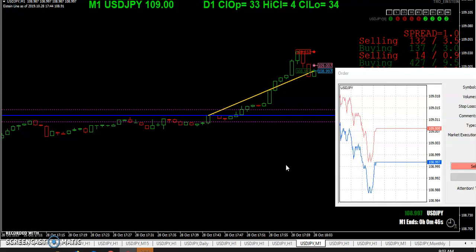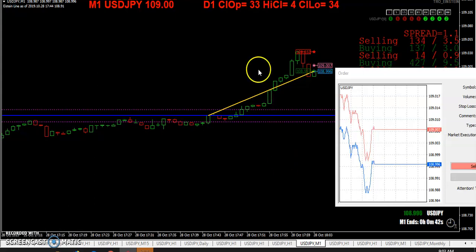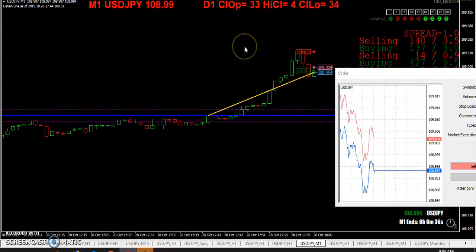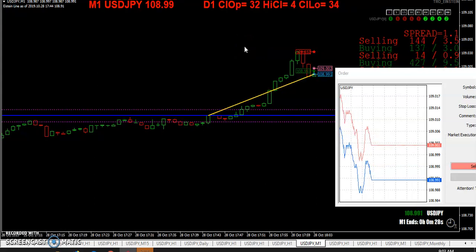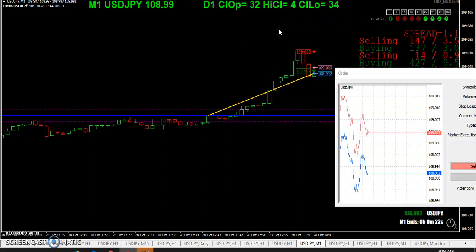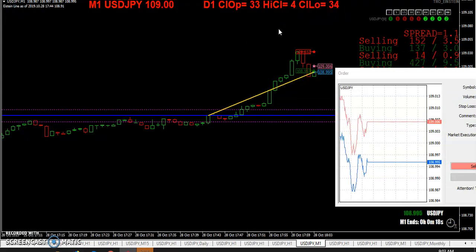Now, the other thing is you want to be smart. And what I mean by that is you can see we're 33 pips above the open. We've only got 38 pips of range. But it seems like the buyers have been in charge because it's above the open. And since this is only 38, we really don't have a rat zone. So we're not looking for much of a reversal either.